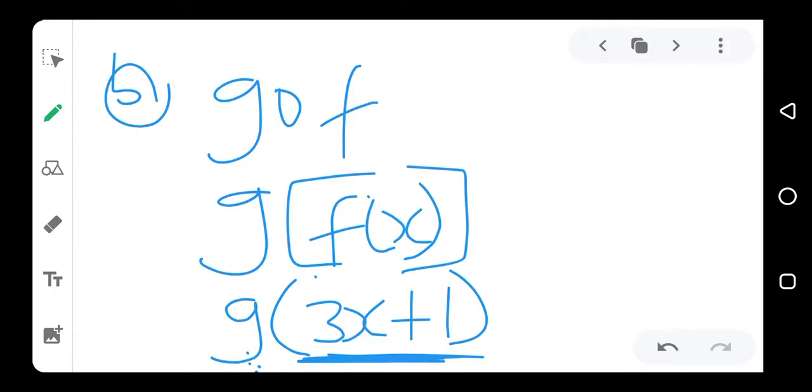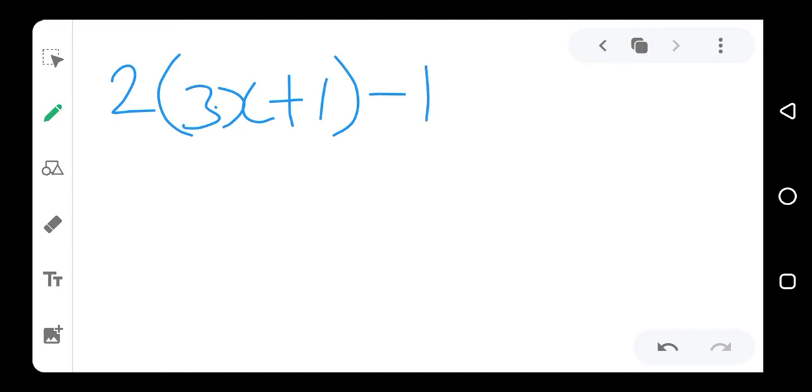So we have 2 brackets 3x plus 1, then minus 1. 3x plus 1 represents f of x.